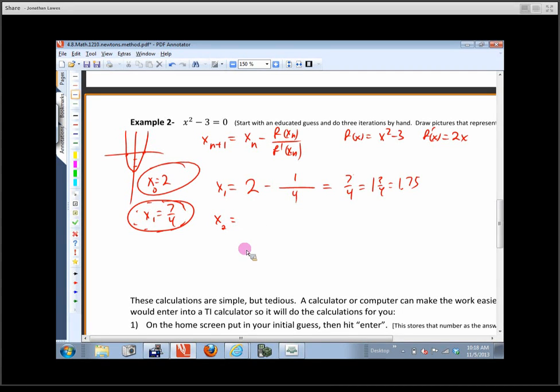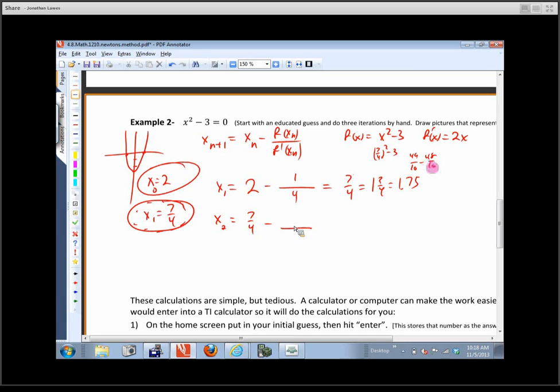So this next guess is going to be based on the previous guess, 7/4, minus the function value at that old guess. So that's going to be, let's see, 7/4 squared minus 3. So 49/16 minus 3, in 16ths that's 48/16. So that means the numerator is only 1/16.